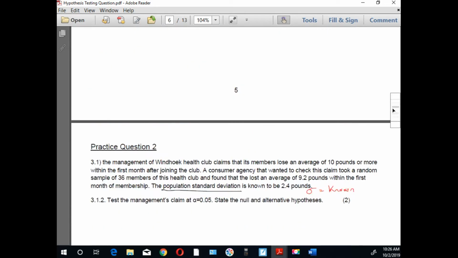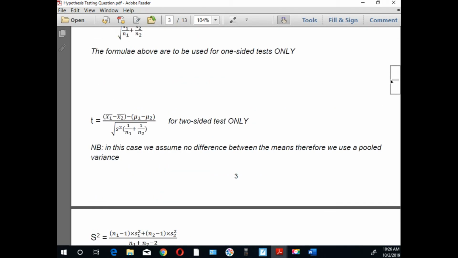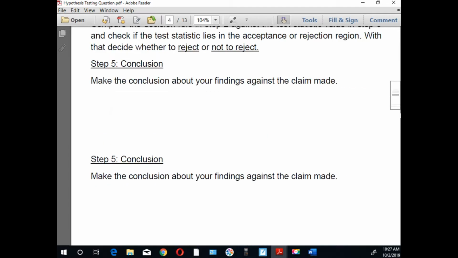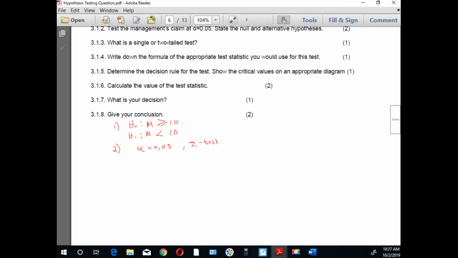We come and look at our table. Z test 0.05, so it's this one, 1.645. What determines whether it's positive or negative is the less than sign here. So it's going to be negative 1.645, our critical value.